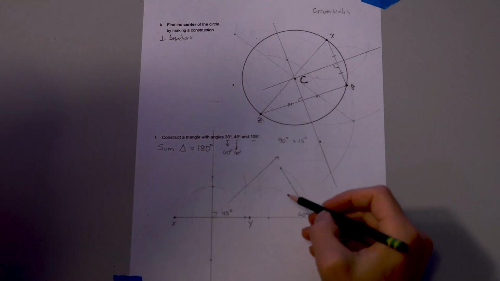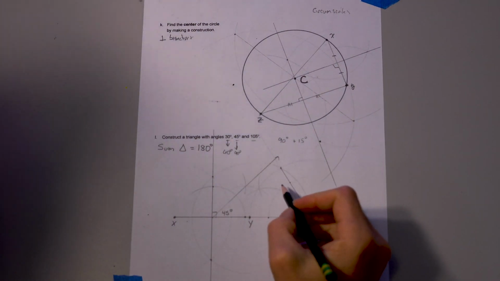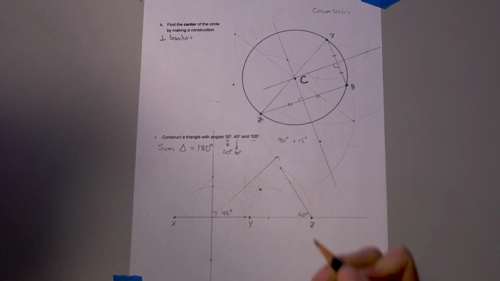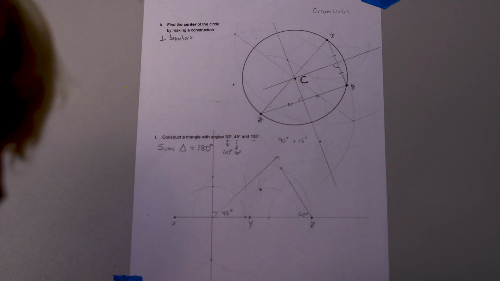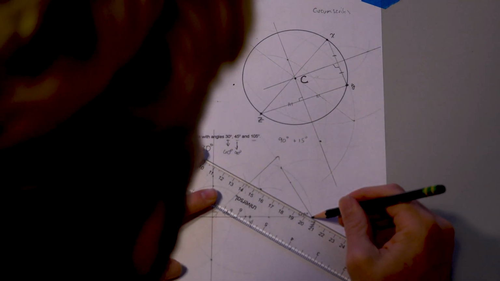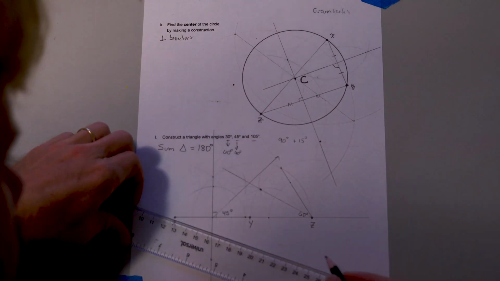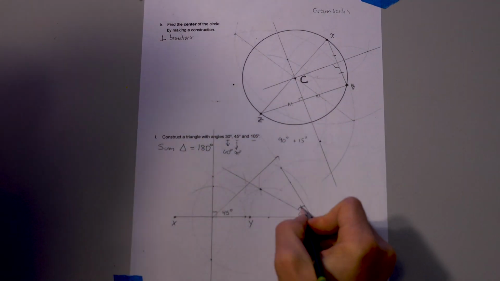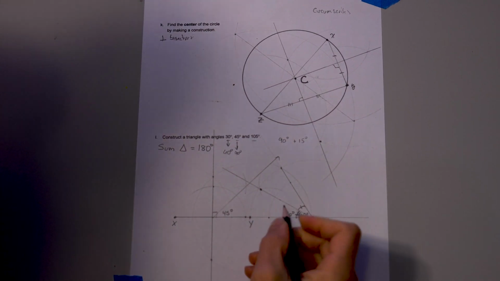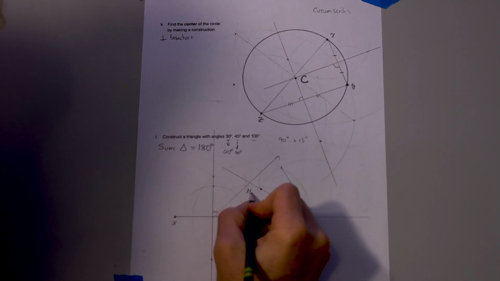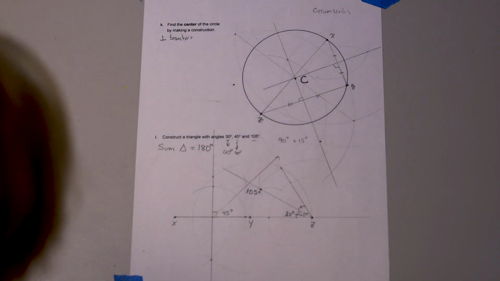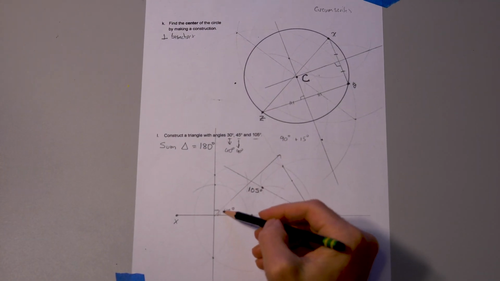Let's see. So we got, it's here, right there. And so now we've just bisected this. So this is now 30. 45, 30, this is going to be 105. Looks slightly obtuse.